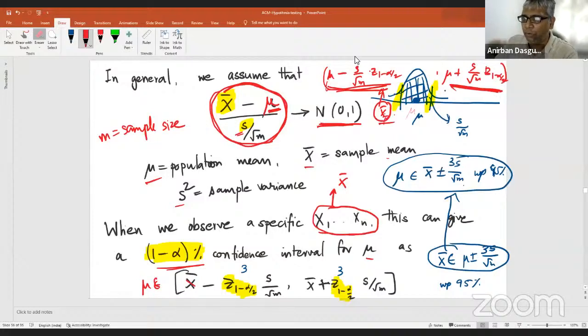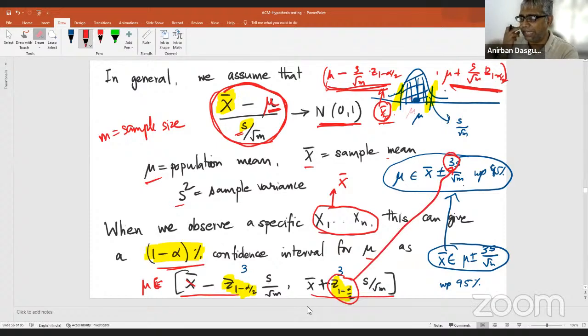So the 1 minus alpha confidence interval for mu is this interval. By plugging in, it depends on what alpha is. For instance, if you take alpha equal to 95%, for the normal distribution you should take z of 1 minus alpha by 2 equal to about 2, so this quantity becomes 2.